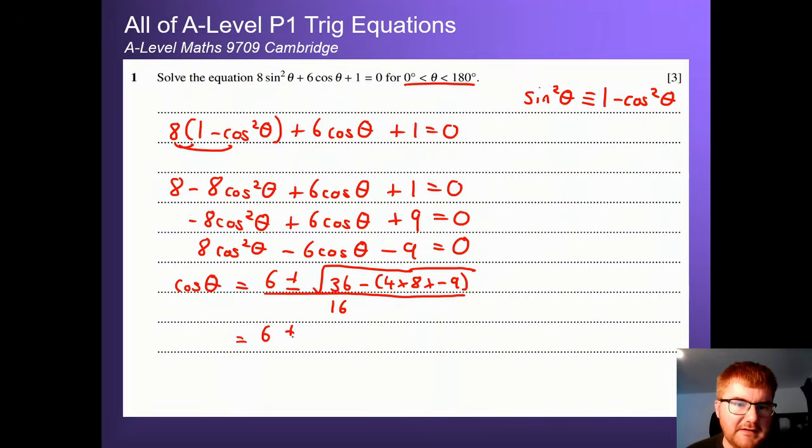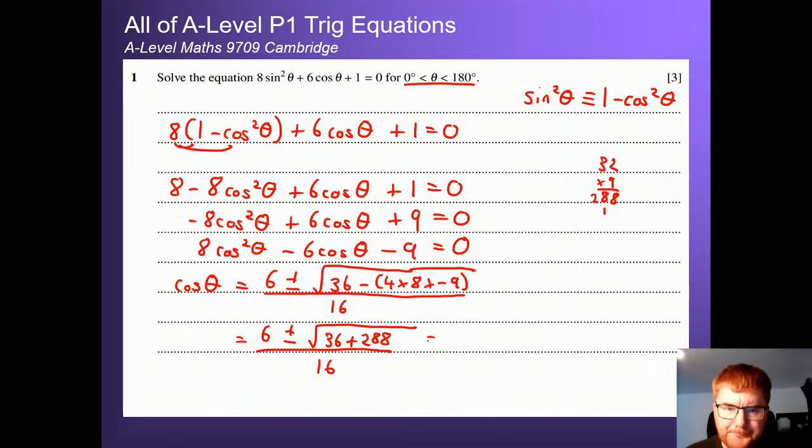Let's tidy this up slightly. 8 times 4 is 32. 32 times 9 gives us 288. We'll get a positive 288 all over 16.